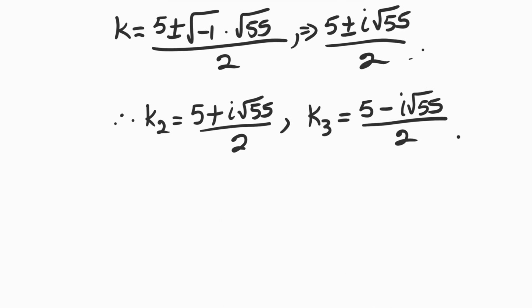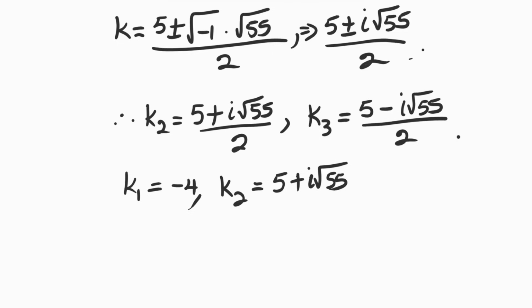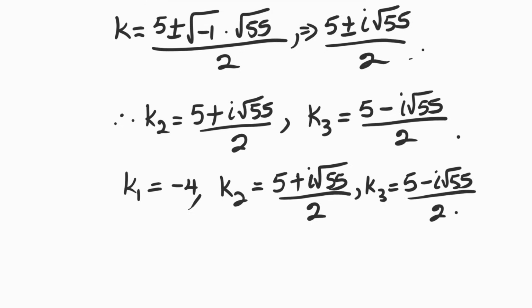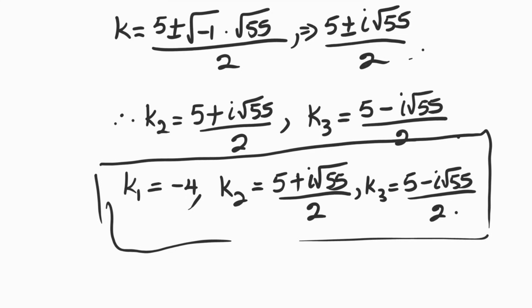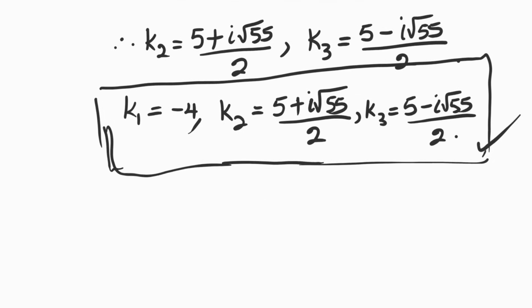So we have k1 equals minus 4, k2 equals 5 plus i root 55 divided by 2, and k3 equals 5 minus i root 55 divided by 2. And these are the answers to our question. Now, let us go on to verify our answer.